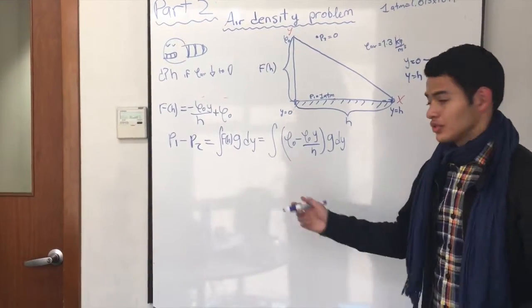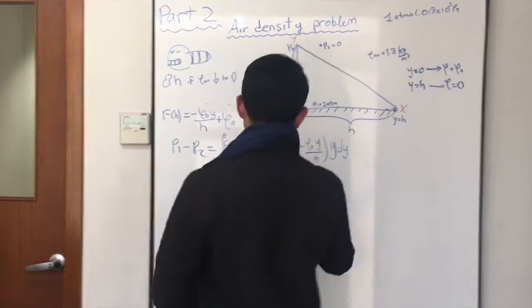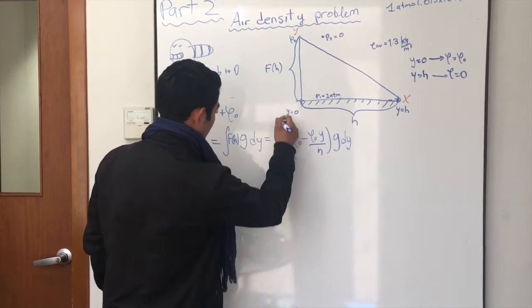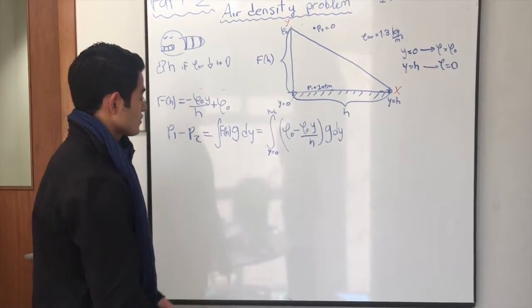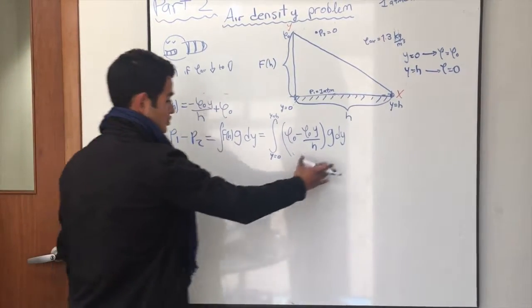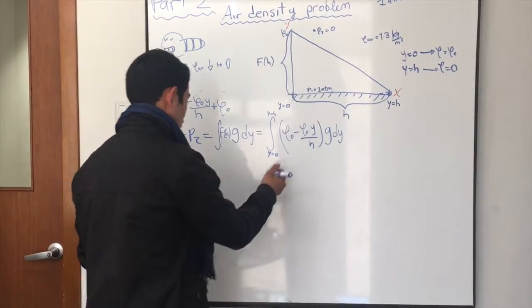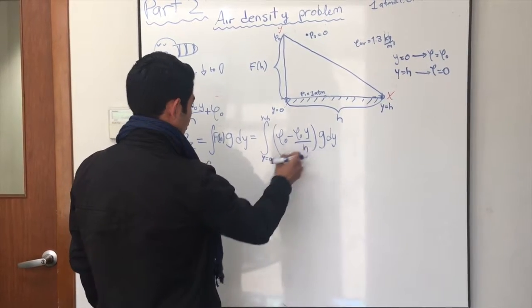And now we just need to solve this integral. And let's remind that at this point y equals 0, and at this point y equals height. And well, let's just solve this integral. I will do it a little fast. So remember that we have to multiply this.